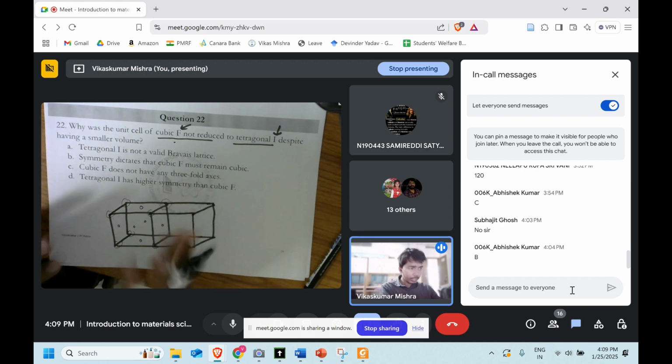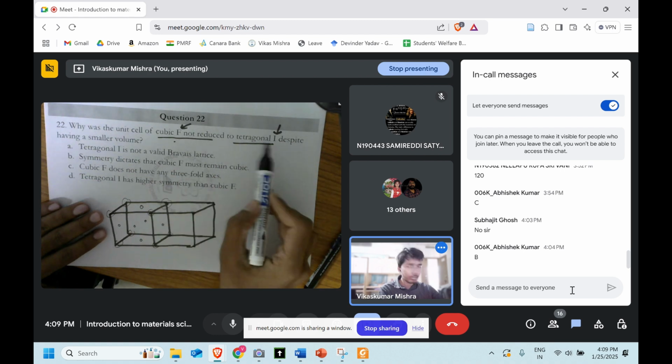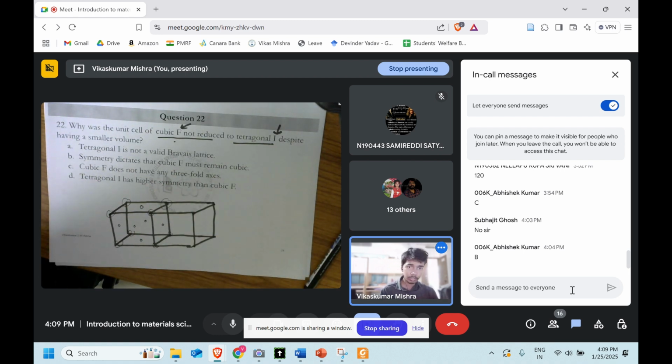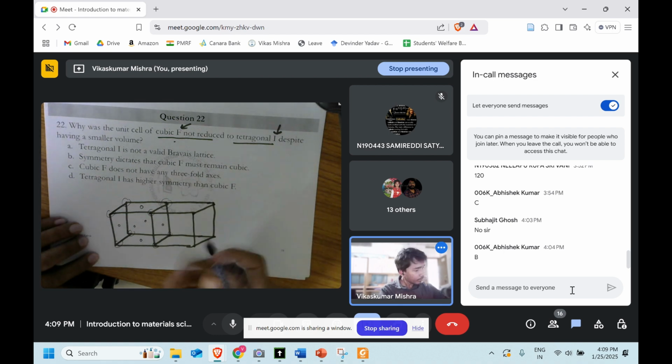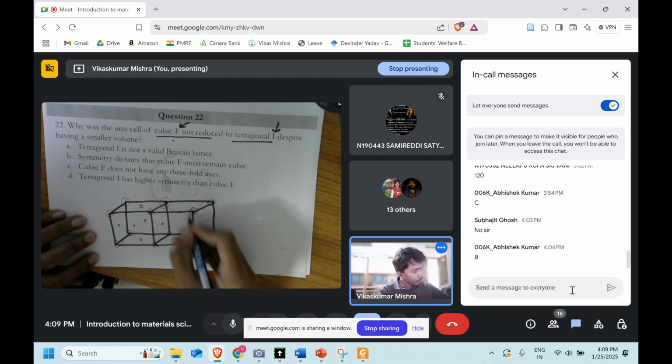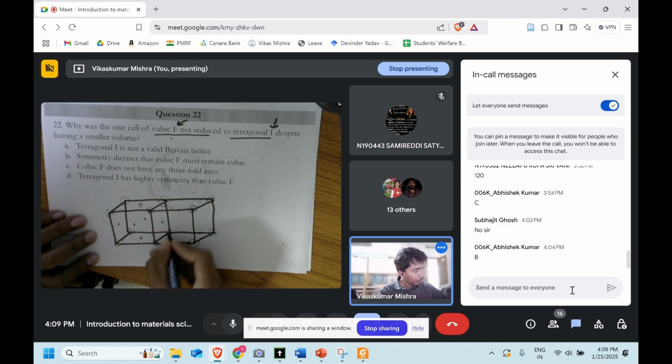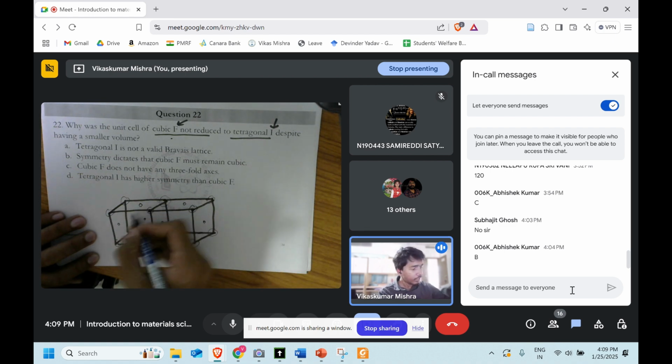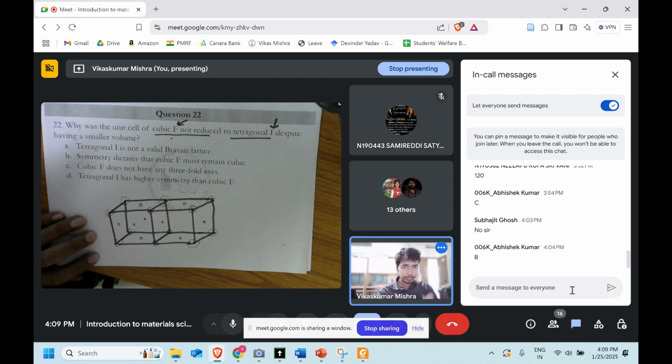Let's understand how the cubic F and tetragonal I are claimed to convert, and why this question arises. Again, we have the faces, and the front and the back also. They are saying that the way we converted cubic body centered to tetragonal, let's convert this also.